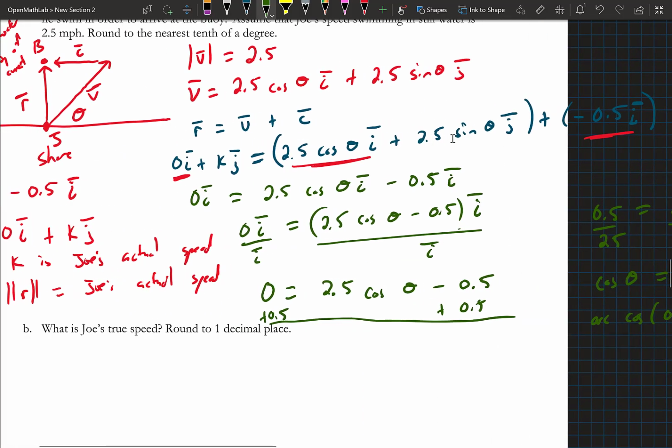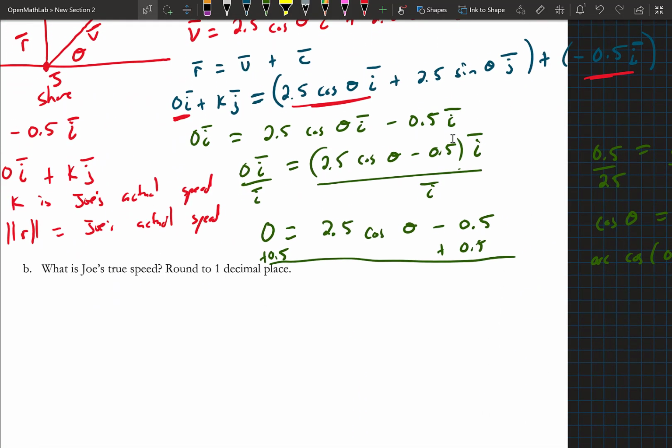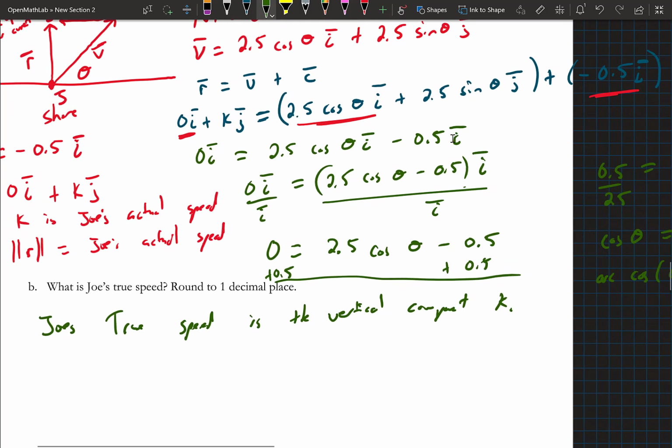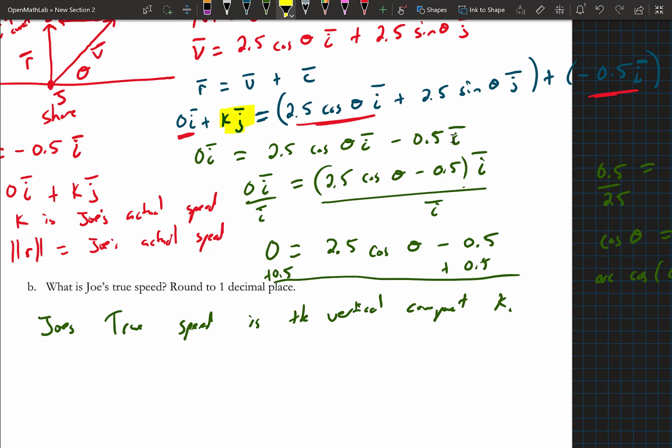And then part B, we're trying to find the true speed. So remember that Joe's true speed is the vertical component k. So we can make a true statement using the vertical component part, so everything that has a vector j in it.